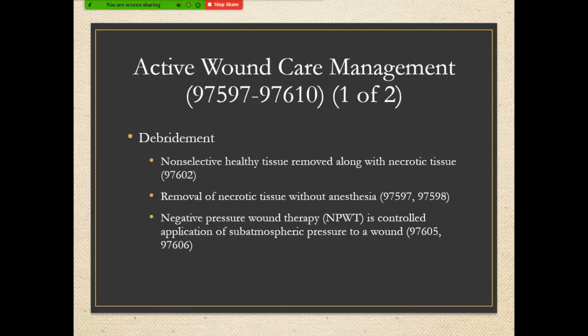So the first thing that we're going to talk about, well, let's look at the code range. It's 97597 through 97610. Debridement, non-selective, healthy tissue removed along with necrotic tissue, 97602. Removal of non-necrotic tissue without anesthesia is 97597 and 97598.